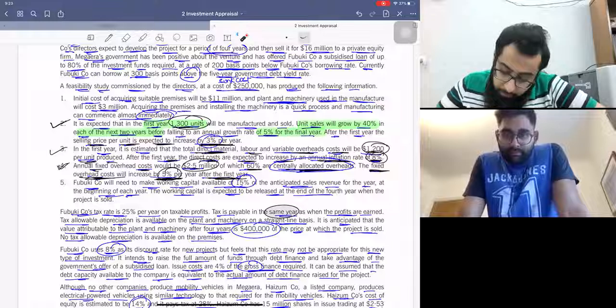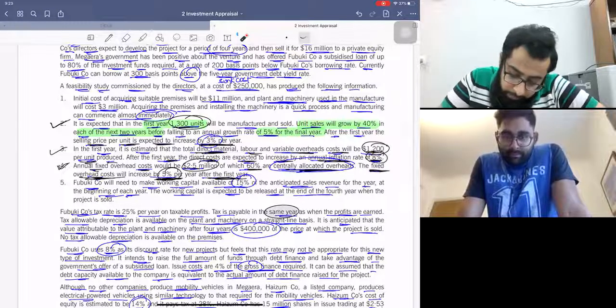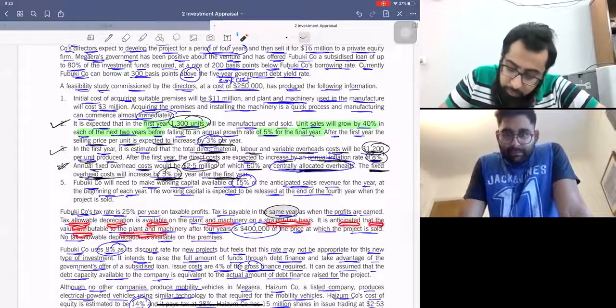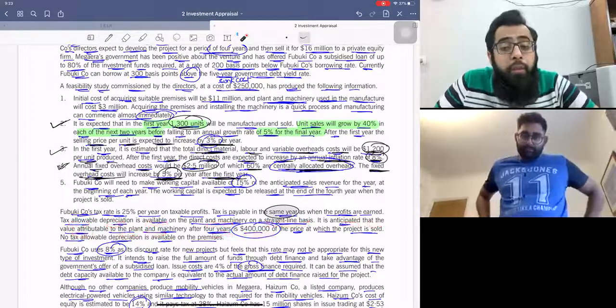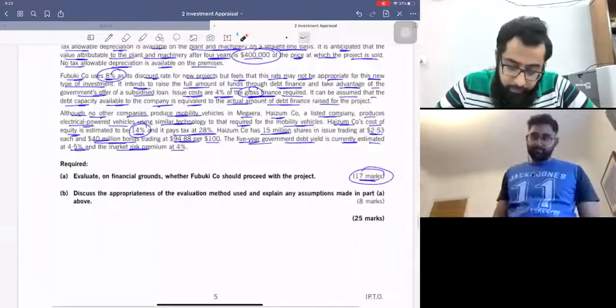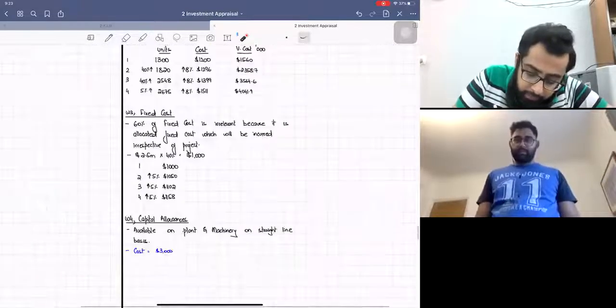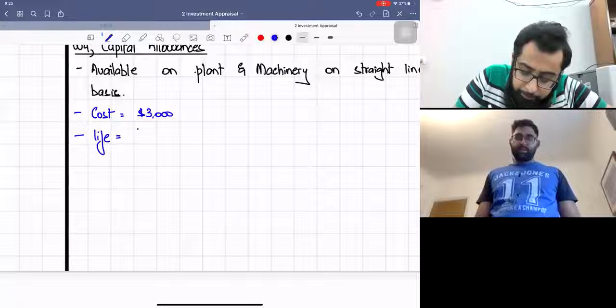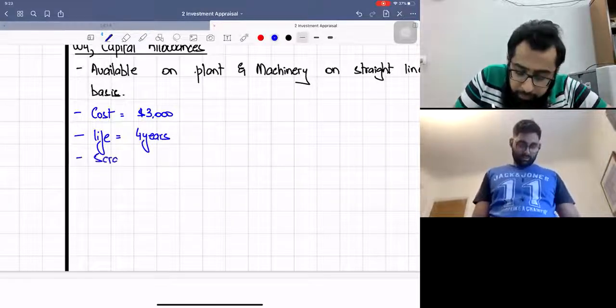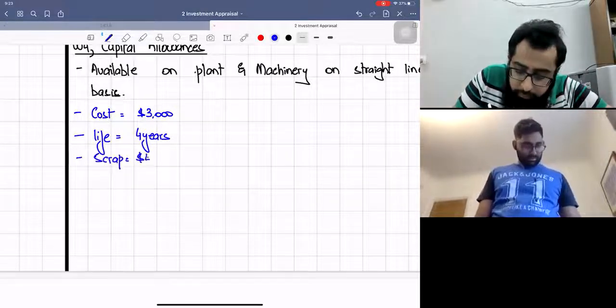Tax allowable depreciation is available on plant and machinery on straight line basis. It is anticipated that the value attributable to plant and machinery after 4 years will be $4 lakh. So that's the scrap value. I think it's simple. Life is 4 years, so this is straight line basis, and scrap value is $400.